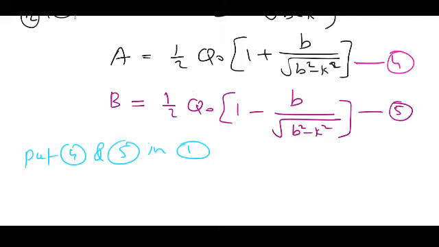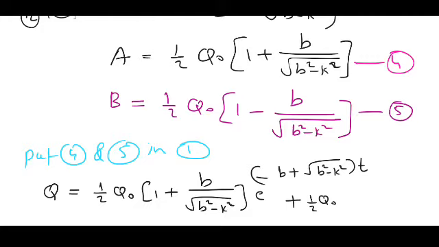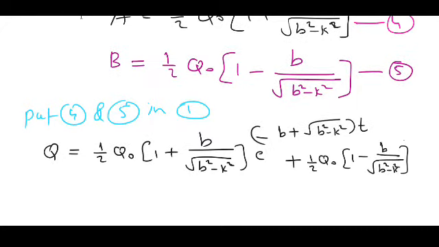Then equation 1 can be written as q is equal to, equation 1 starts with a, which is half q0 into 1 plus b by root of b square minus k square, into e power minus b plus root of b square minus k square into t, plus half q0 into 1 minus b by root of b square minus k square, this is the value of b we have substituted, into e power minus b minus root of b square minus k square into t.